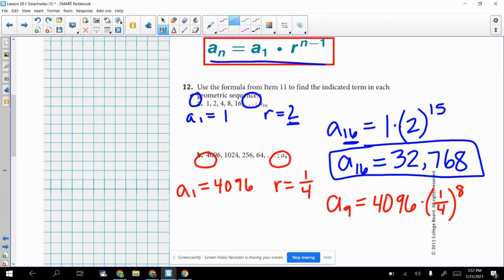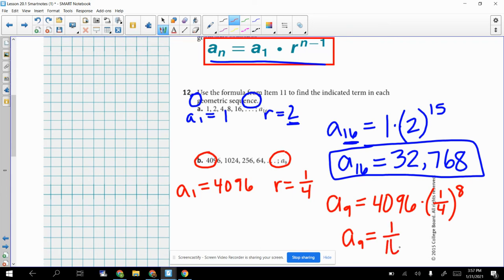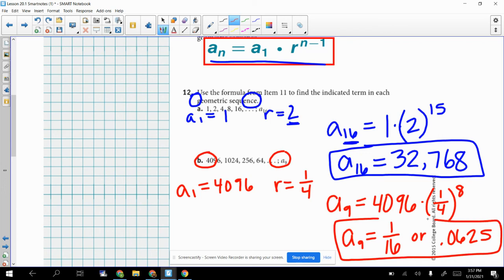So again, you can plug that into your calculator, and you will probably get a decimal, but if you change that decimal to a fraction, it would be 1/16. Or if you did write it as the decimal, that wouldn't be wrong, but it's 0.0625. So either one of those would be okay.